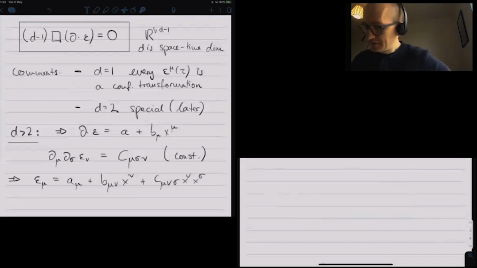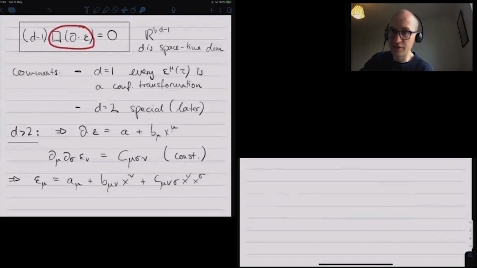What's going on? This is much simpler than what I'm writing here suggests. If I act with 3 derivatives on epsilon, I need to get 0. So epsilon had better be the most general expression I can write down up to quadratic order in x^mu.